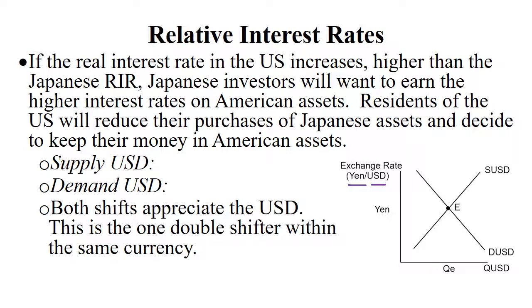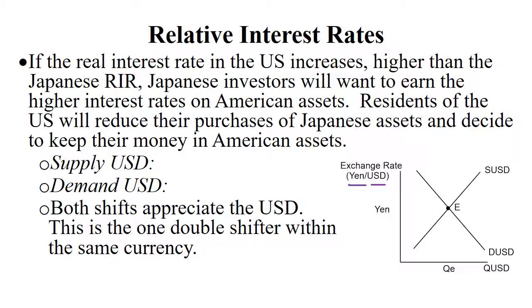So if the US real interest rate is higher than the Japanese real interest rate, Japanese investors who are buying assets know they're going to earn interest, and they're going to want to earn interest that's as high as possible. So if the interest rates are higher in America, then Japanese people will want American assets.